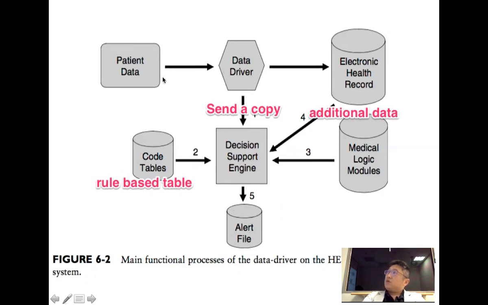So for example, we have a drug-drug interaction. We want to monitor the drug-drug interaction. So the physician will prescribe in his system. Then after they finish the note, the data driver will store this data into the data warehouse engine.